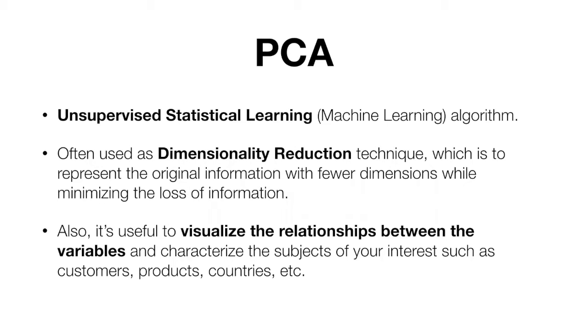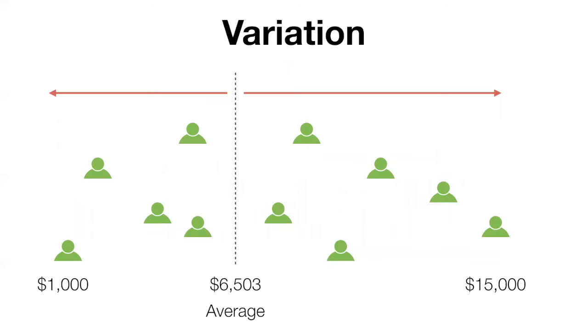And the third point, which is really the topic of today's seminar, is that it helps us visualize the relationships between the variables and also characterize the subjects of your interest, for example customers, maybe employees, maybe products or countries and so on. So that's really PCA in a nutshell.